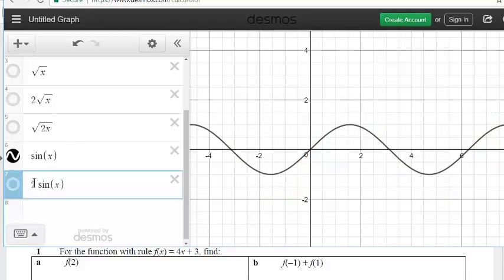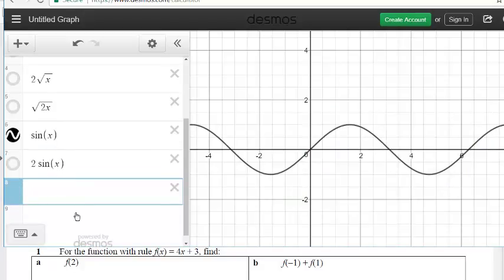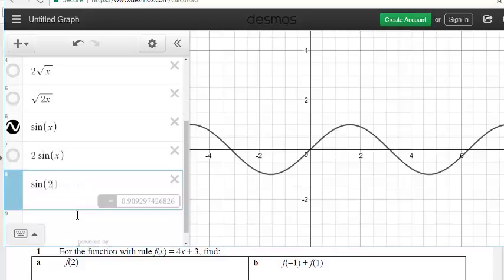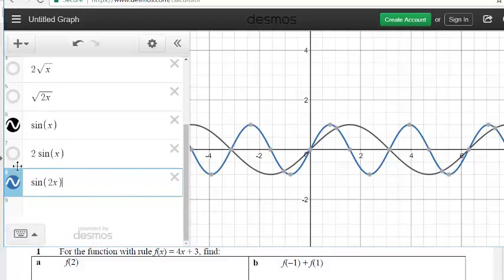But now I'm going to have 2 on the inside: sine of 2x. Have a look at that. This one is longer, but this has been compressed, squeezed. That's how you get this blue curve. So that's showing how these two effects differ. 2 on the outside is a stretch vertically, it just goes up. But 2 on the inside is actually compressing this function into a more compact area.